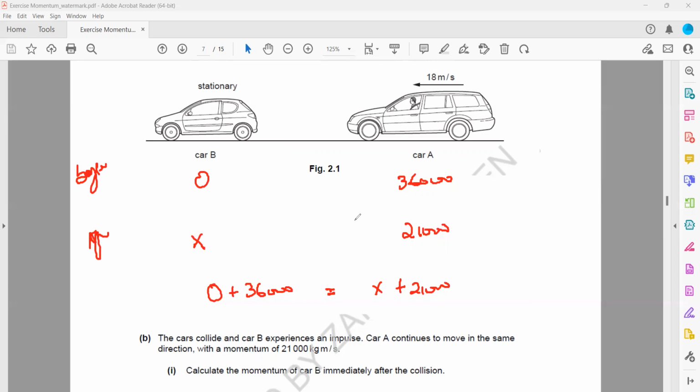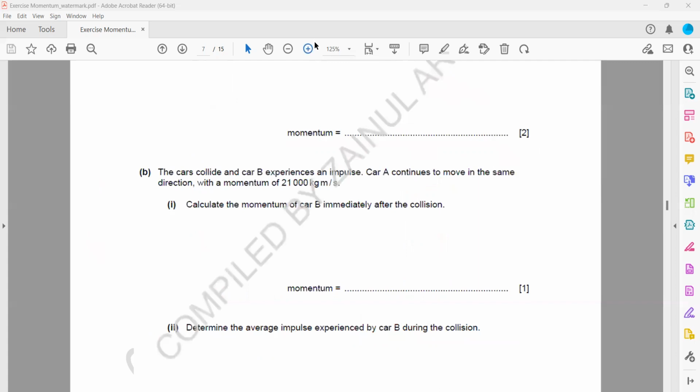We need x here, so 21,000 is added, on the other side it will be subtracted. So 36,000 minus 21,000 equals 15,000. So 15,000 Newton second or 15,000 kilogram meter per second.